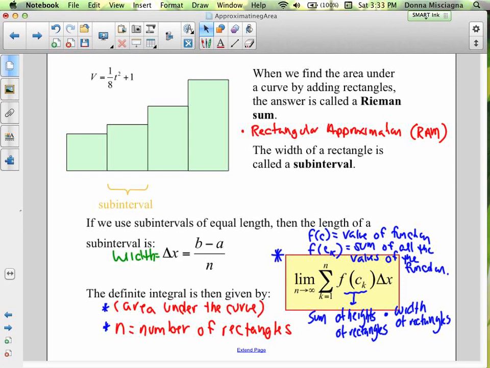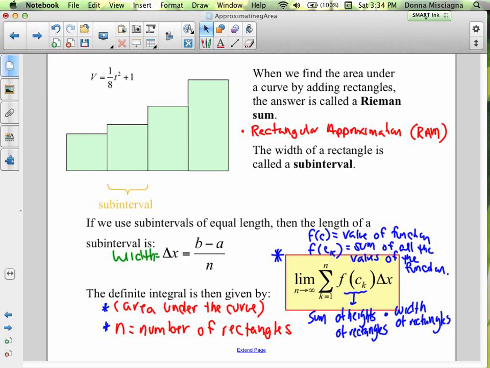That's for a later lesson altogether, but I did want to introduce that idea to you. Right now we're approximating the area. Eventually we will find the exact area. So where it says f of c, f of c is the value of the function. F of c sub k is the sum of all the values of the function.